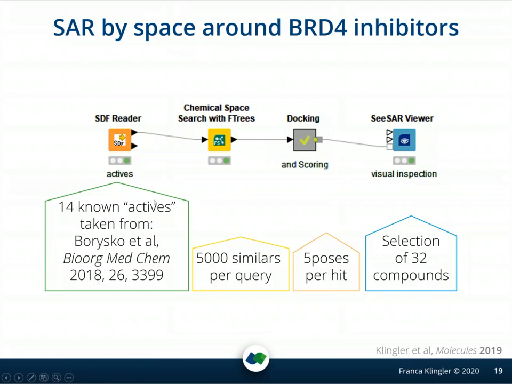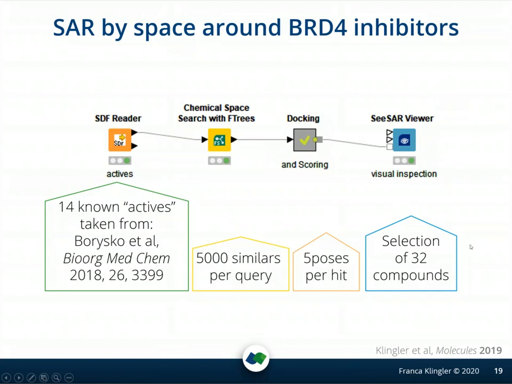So we've taken those 14 kind of active molecules and searched brute force 5,000 similar molecules in the space, docked them with 5 poses per hit, and selected out of the best molecules 32 compounds.